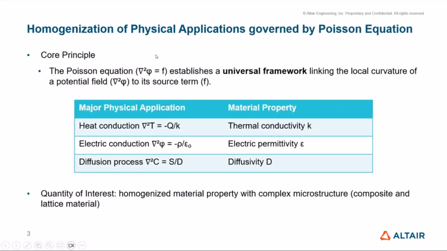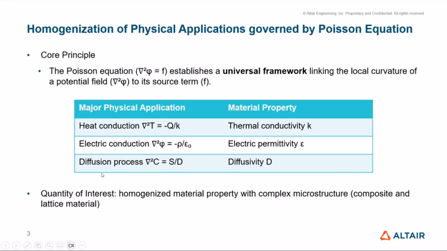Now let's have a look at what's implemented. First is this universal framework: any scalar gradient input in homogenization is again available from the GUI. In the back end, it was also available. We only needed to activate it in the GUI.